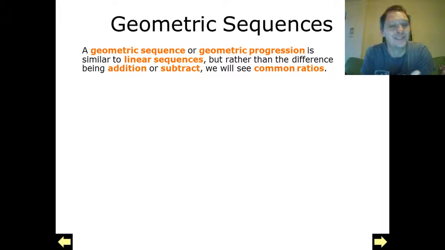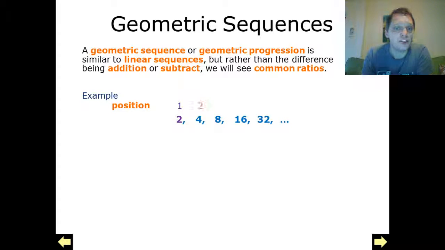With geometric sequences, we are looking at common ratios. So we are predominantly going to be looking at how do we get from one number to the next using a ratio. So here we've got 2, 4, 8, 16, 32, where our position of these terms 1, 2, 3, 4, and 5.